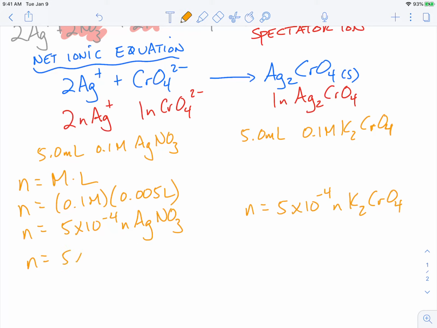So focusing on the silver ion, we have 5 times 10 to the minus 4th moles of silver. And similarly, in 1 mole of potassium chromate, you have 1 mole of chromate ions. So we have 5 times 10 to the minus 4th moles of chromate ions.